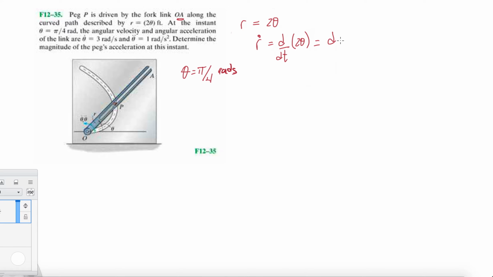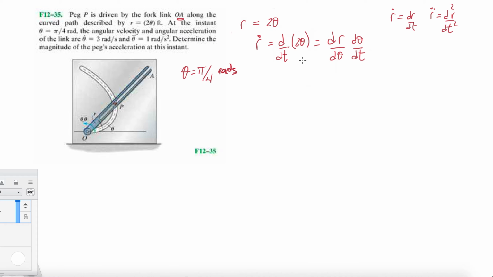So this will be dr d theta times d theta dt. We know R dot is dr dt, and then R double dot is d squared r over dt squared.